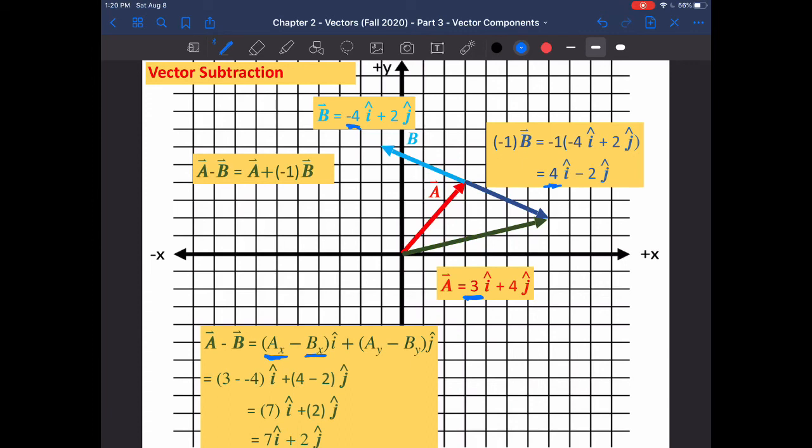For the y component, I have the y component of a, which is 4, and then I subtract from that the y component of b, which is 2. So I have 4 minus 2, or 2. So I have 7 i hat plus 2 j hat. And let's check: the x component of this is 7, the y component is 2. All right, so I got the same answer. This is a minus b with components or with the picture method.